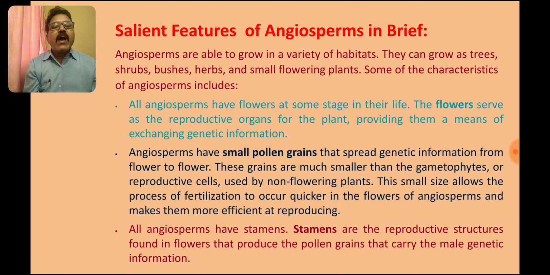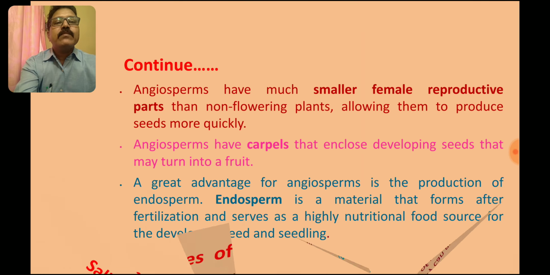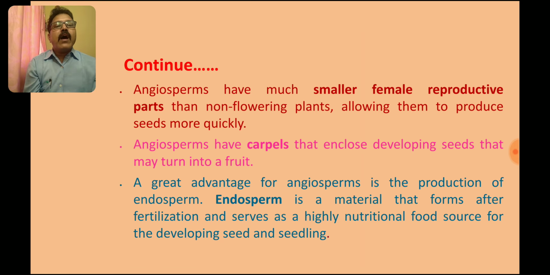All the angiosperms have stamens. Stamens are reproductive structures found in the flowers that produce the pollen grains that carry the male gametic information. Angiosperms have much smaller female reproductive parts than non-flowering plants, allowing them to produce seed more quickly.